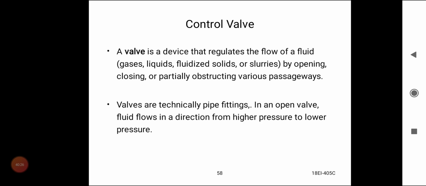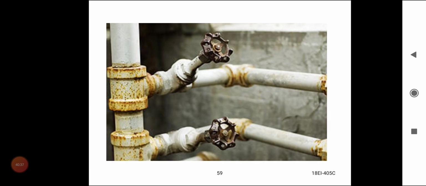Valves are technically pipe fittings. In an open valve, fluid flows in a direction from high pressure to low pressure. A typical control valve connected in a pipeline is shown. It is a manually operated valve.